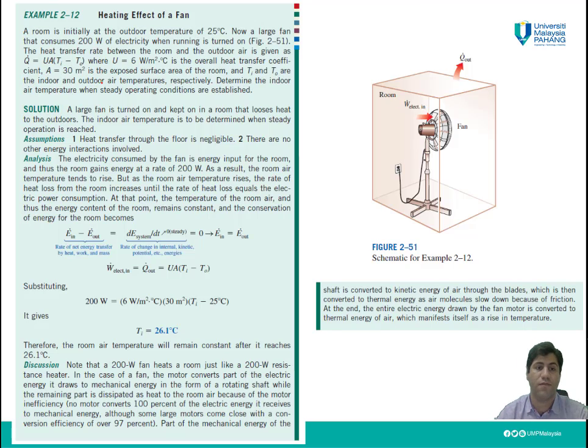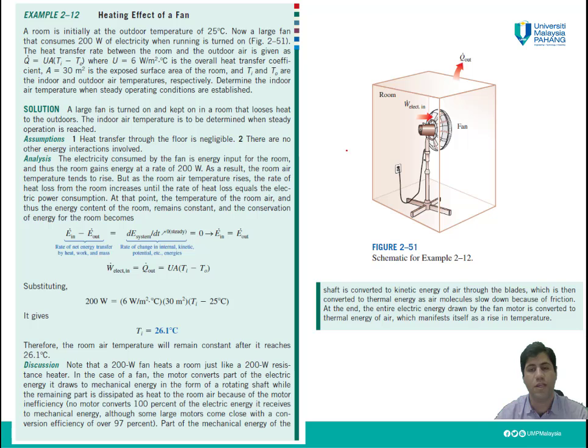Here we have an interesting example to see if we use a fan to reduce the temperature. Usually we use a fan to reduce temperature inside our houses, inside the room and so on.